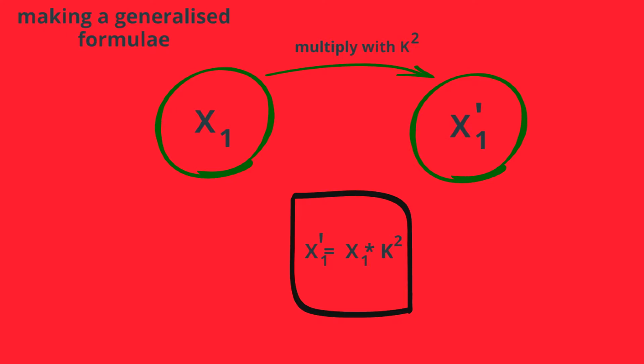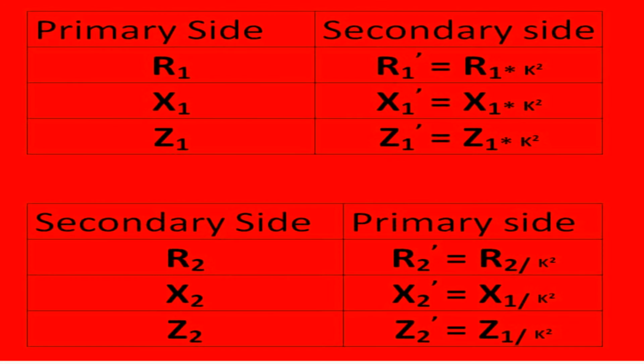The generalized formula is X1 dash is equal to X1 into K square. Similarly, for the impedance Z, the generalized formula is Z1 dash is equal to Z1 into K square. These are the overall formulas when the resistance, reactance and impedance are shifted from one side to the other side. Just go through it.